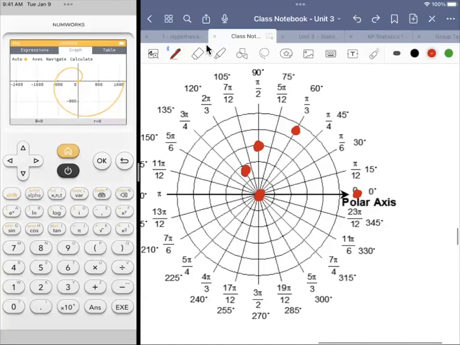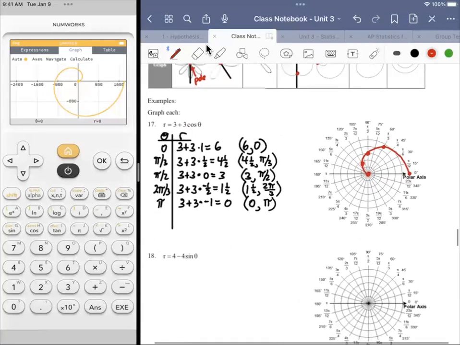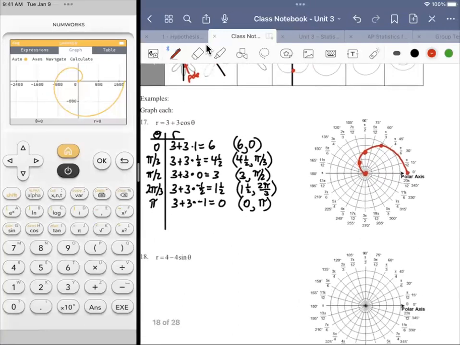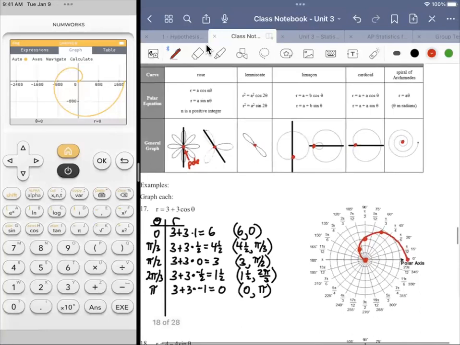Sorry, my little shaky writing there. Oh, that's not much better. Like that, kind of. All right, now by recognizing this as a cardioid, I know that it's supposed to look like this. I have the top half, I now need the bottom half. But since it's symmetrical, I can assume all those points.